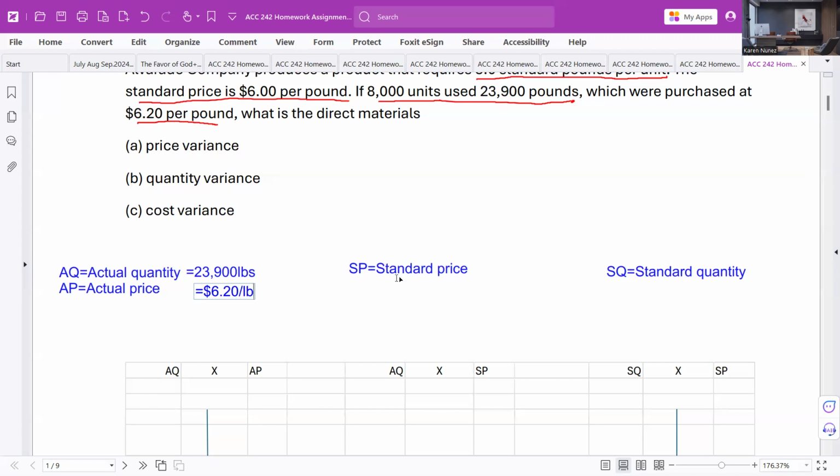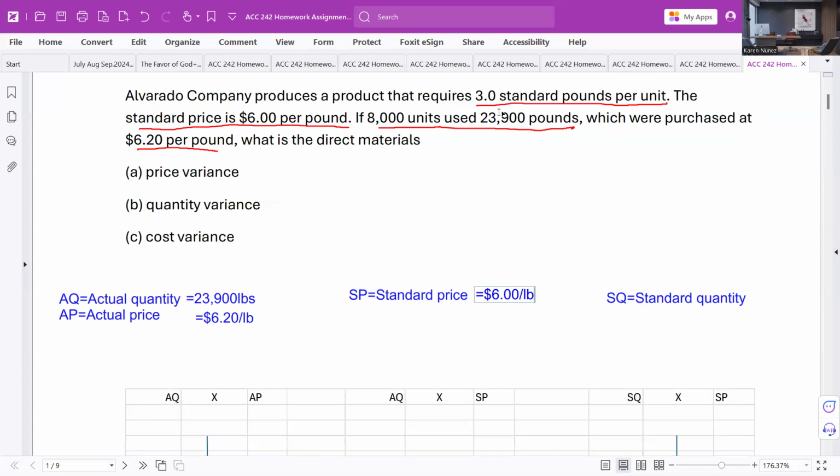And the standard price that we're given is $6 per pound. And the standard quantity is going to be based on 3 pounds per unit.